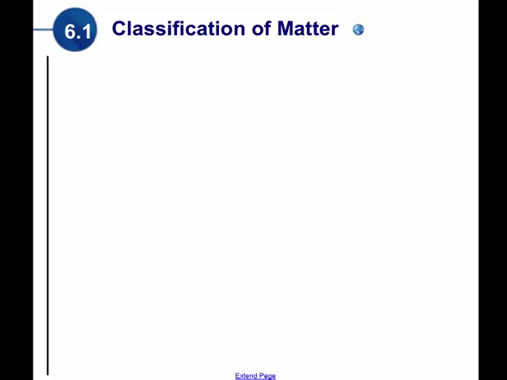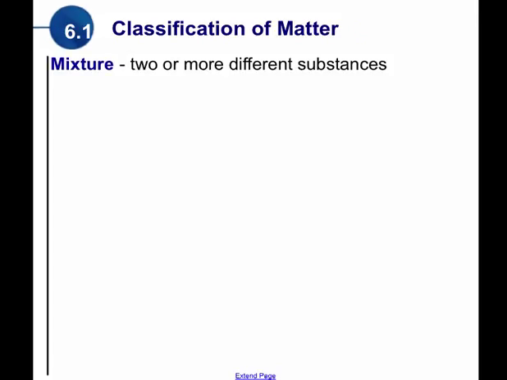Now, one thing that we can define matter as is a mixture. So if we just take two different substances, combine them together, and stir them up, shake them together, we have a mixture. These two substances are not chemically combined, so we could get back the original substances if we choose.